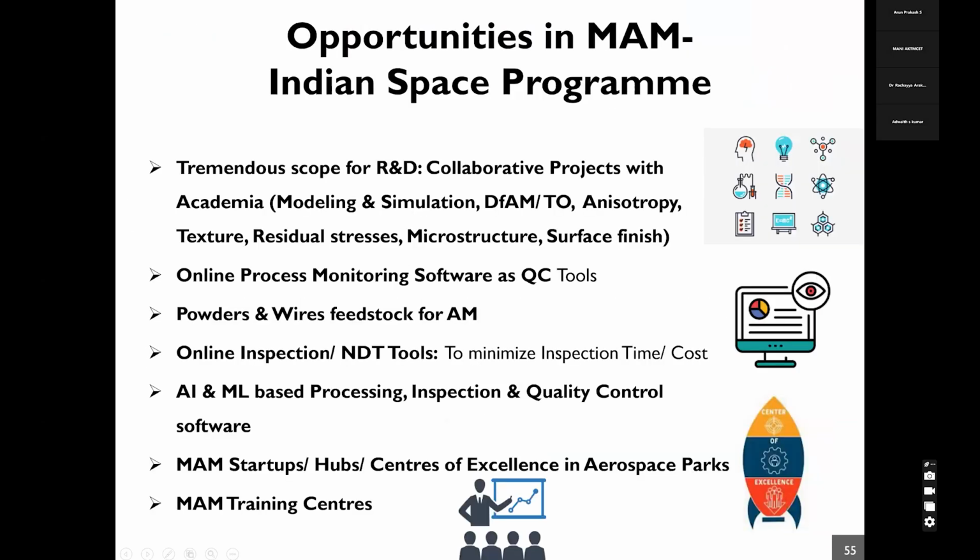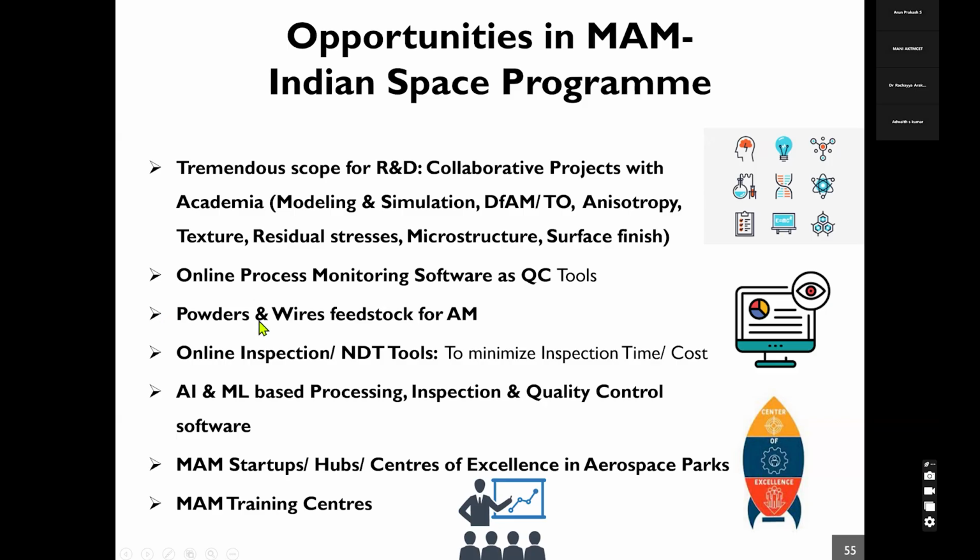So coming to the opportunities in metal additive manufacturing for space applications, there's tremendous scope for R&D by way of collaborative projects with academia in the areas of modeling, simulation, design for additive manufacturing, topology optimization, anisotropy in mechanical properties, texture, residual stresses, microstructure, and surface finish. And also we are looking at online process monitoring software as quality control tools.